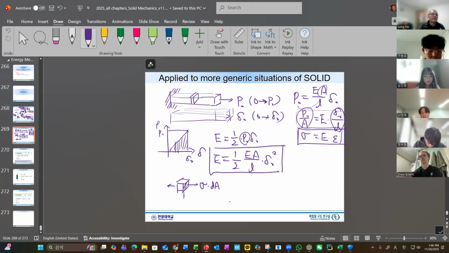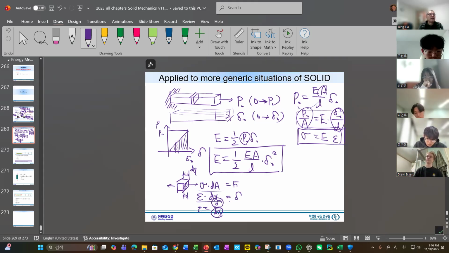And then there will be a certain displacement, delta will be strain times dx, because by definition, if this is the dx, this will be the force, and this will be the delta, right? Because the strain is the delta divided by dx. dx is the original length, and delta will be the deformation. So this is the force, and this is a delta.